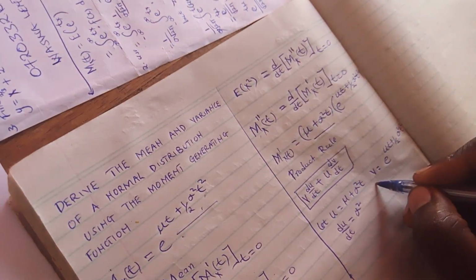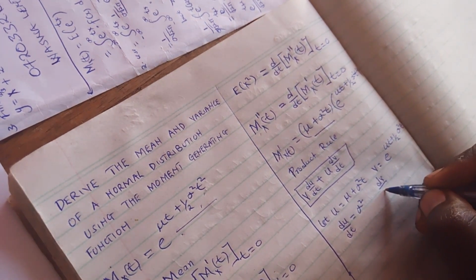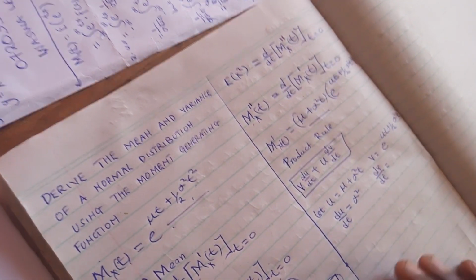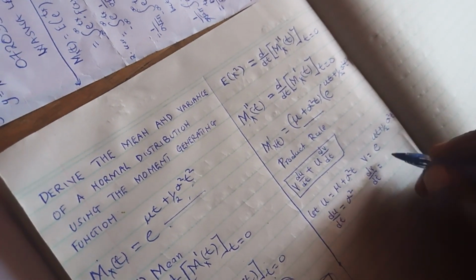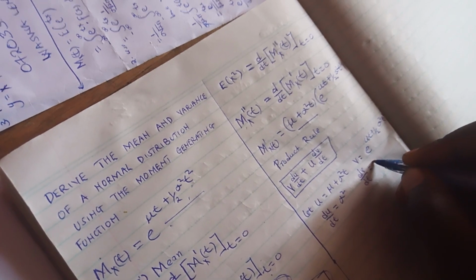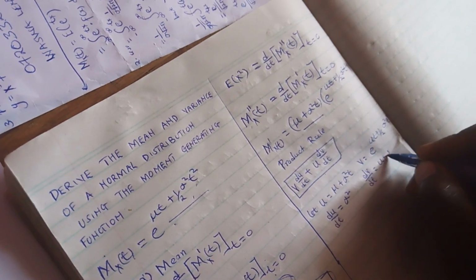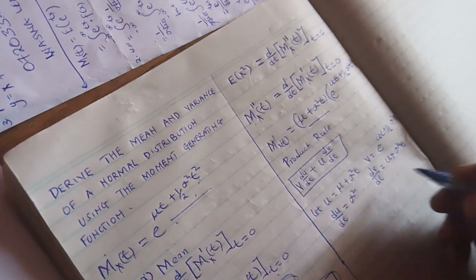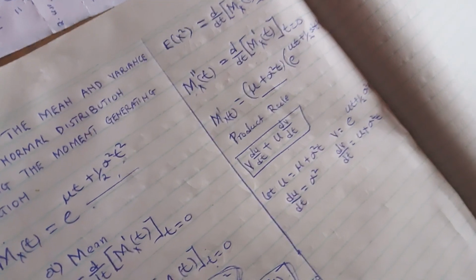Then dv over dt is going to be mu plus sigma squared t. Are we getting it? Yeah.